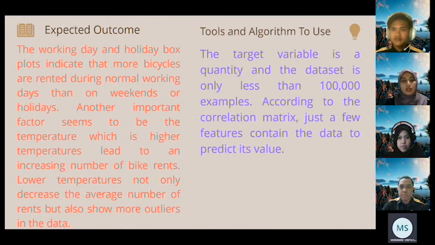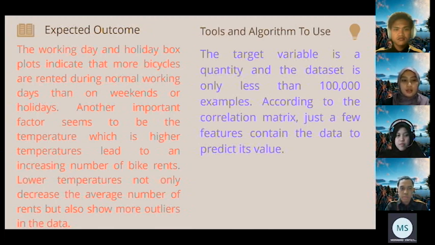So for the expected outcome, we want to get a box plot on the working days and holidays that indicates more bicycles are rented during normal working days than on weekends or holidays. Another important factor seems to be the temperature, where high temperature leads to an increasing number of bike rents.